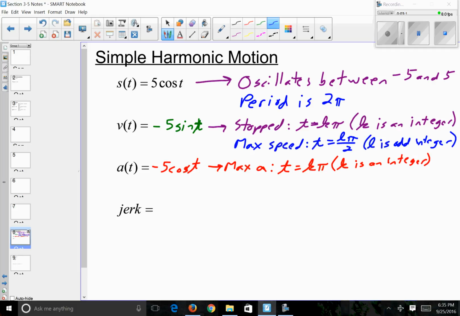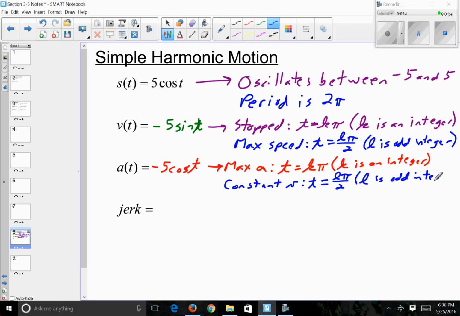We could also go ahead and talk about when there's no acceleration, in other words, that we have a constant velocity, meaning acceleration is 0. The acceleration is 0, but a constant velocity would be when this is 0, and that occurs at L times pi over 2, where L is an odd integer.